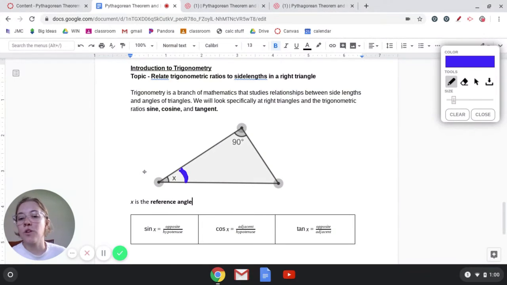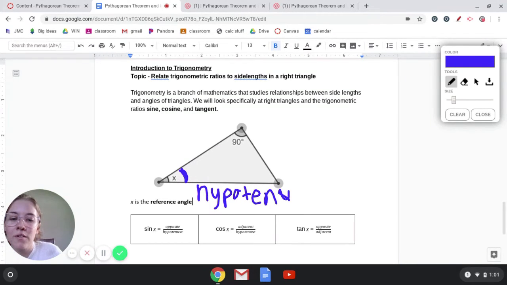So let's start with hypotenuse. We know that one. That one's the side opposite that 90-degree angle, the longest side. Bear with my handwriting. We're writing on a Chromebook here. Okay, this long side is the hypotenuse. Now, which side do you think is the opposite side?